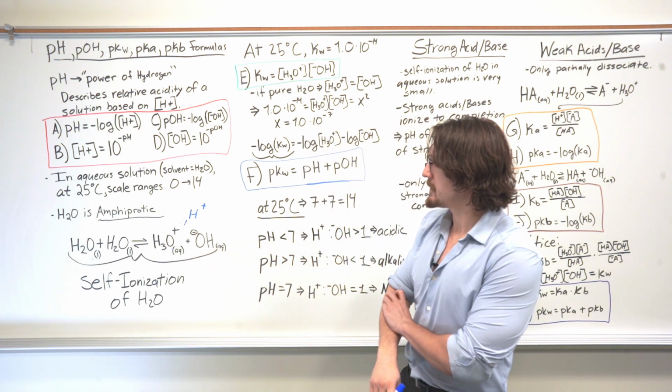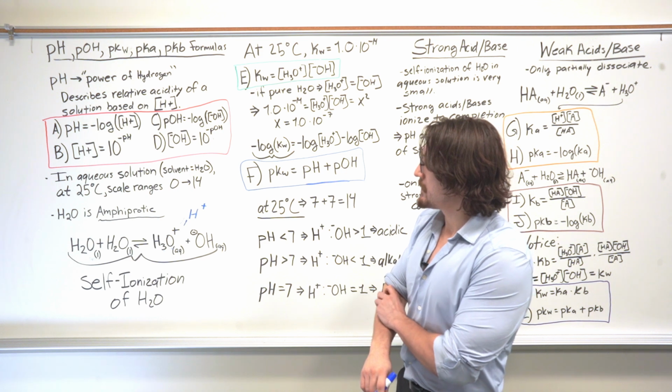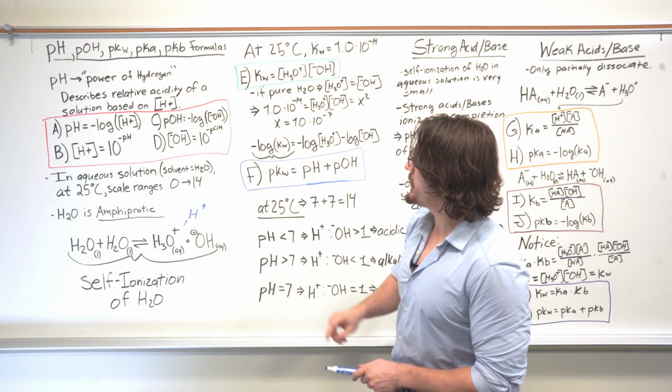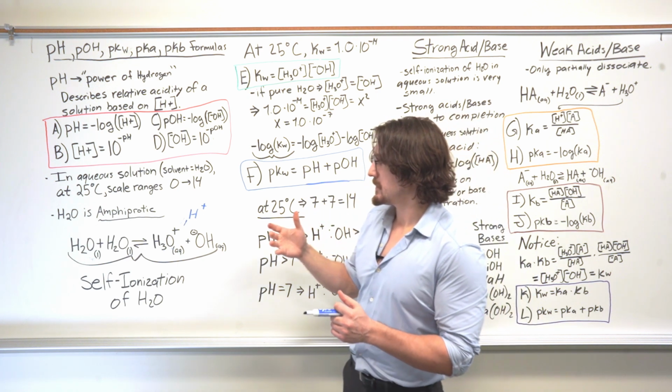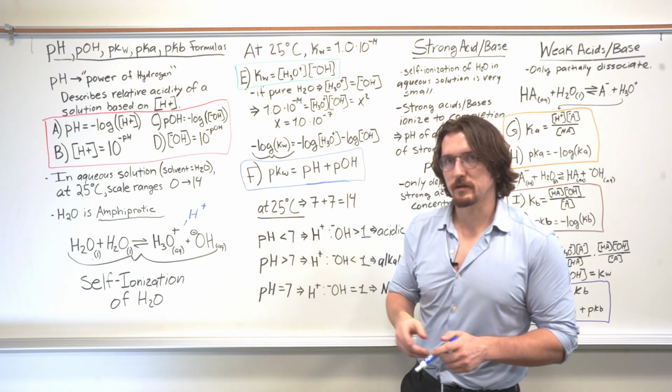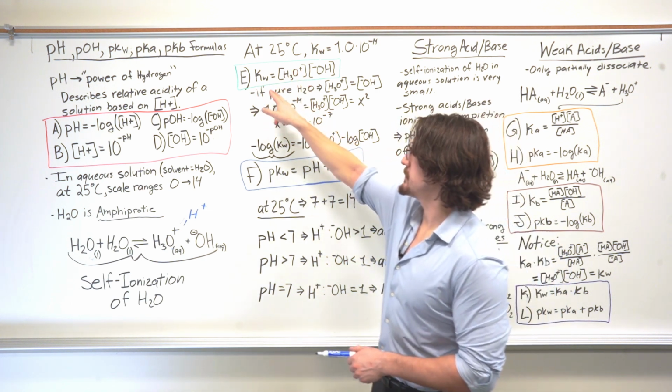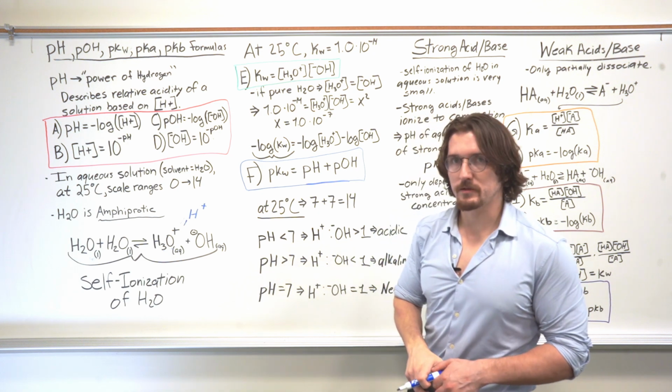Now, at 25 degrees Celsius, we can figure out the equilibrium constant of this reaction. That equilibrium constant is referred to as the Kw, which is the ion product of water.